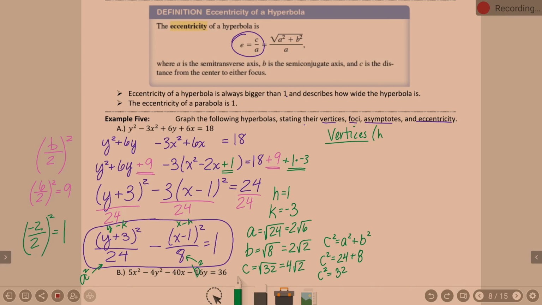Which column are we in here? Y came first, yes? So we're in the right column. If we're in the right column, it's H, comma, K plus or minus A, yes?